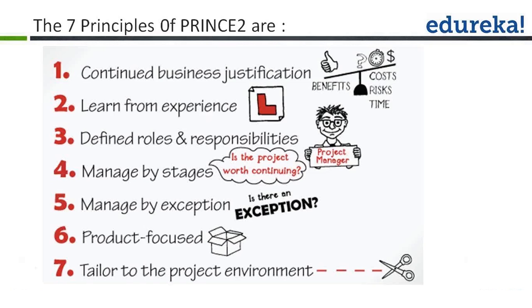Focus on products is the sixth principle in PRINCE2. The focus should be on creating fit-for-purpose products and deliverables, not on activities. The definition of what the project must deliver, or the project requirements, should be done before the project begins, during the high-level planning phase.